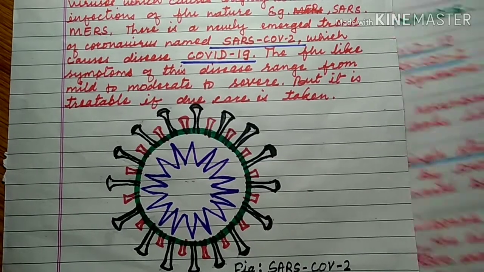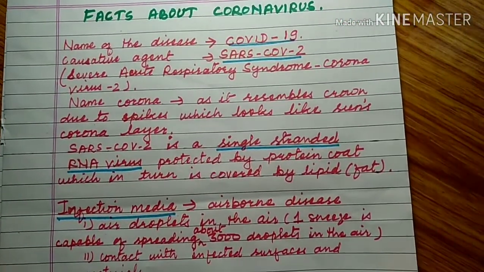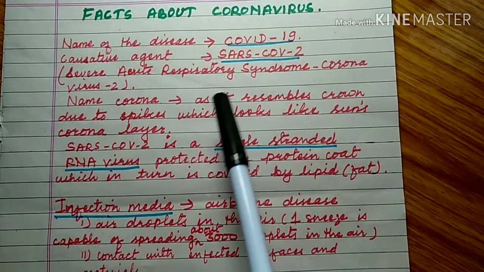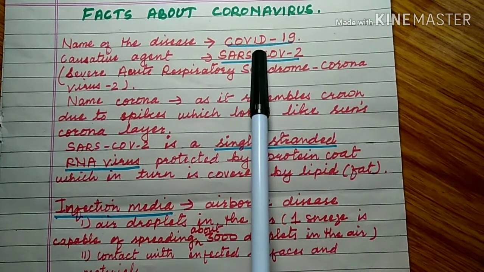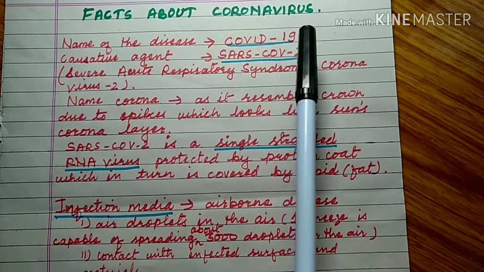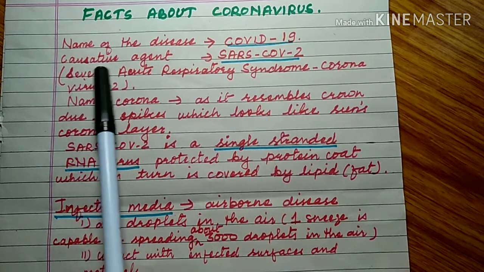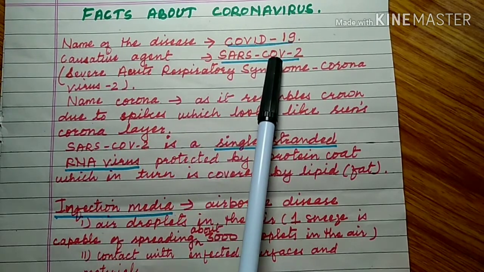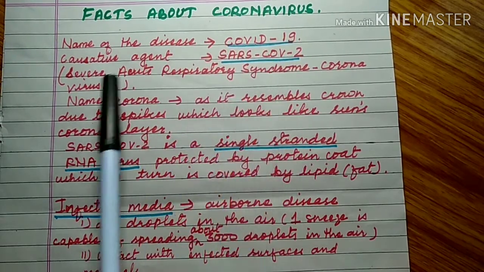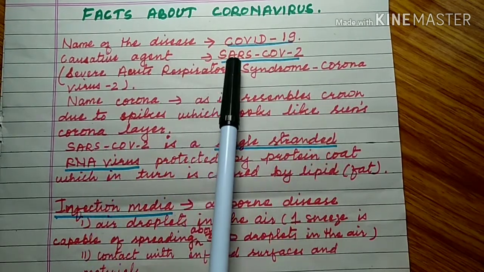Now, facts about coronavirus. Name of the disease: COVID-19, coronavirus disease 2019, because it appeared at the end of 2019, so the number 19 is given. Causative agent: SARS-CoV-2. The full form of SARS-CoV-2 is severe acute respiratory syndrome coronavirus 2.